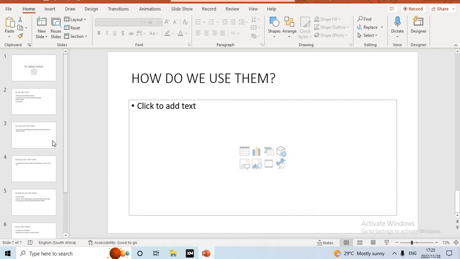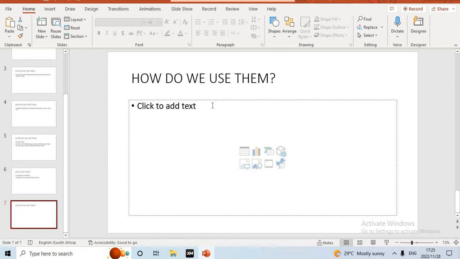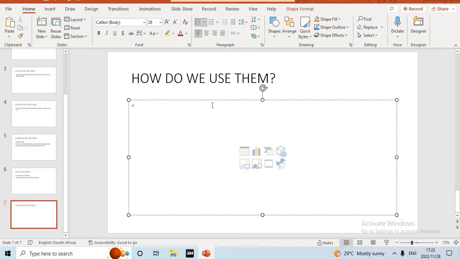Okay, how do we use them? Let's look at the charts for this one, especially at examples, because these are drawings. So let us go to the charts.